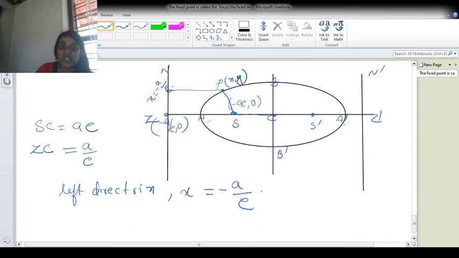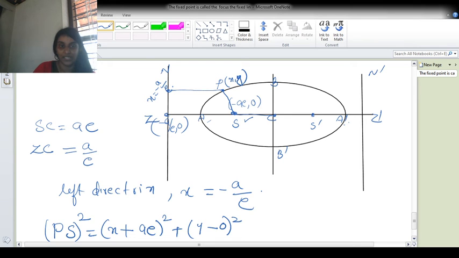So we can take the distance PS. We know the coordinate of S. So let me take P as xy. So what is the distance PS? PS square can be written as x minus AE square plus y minus 0 square.